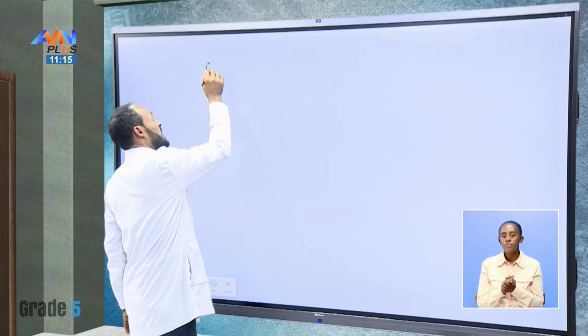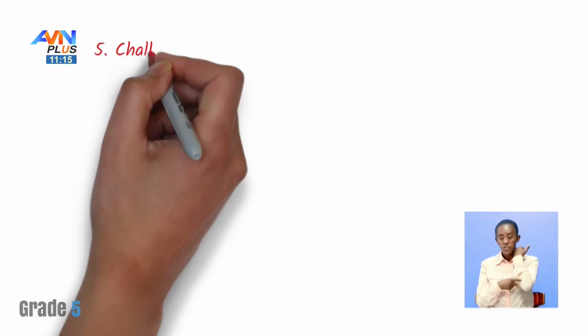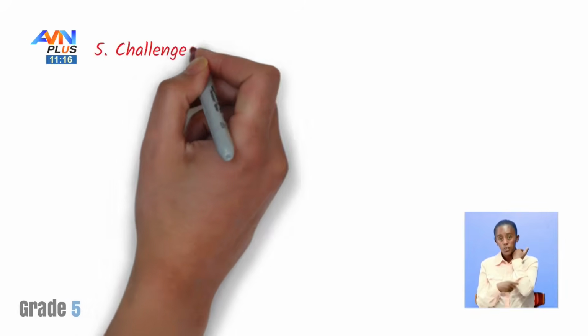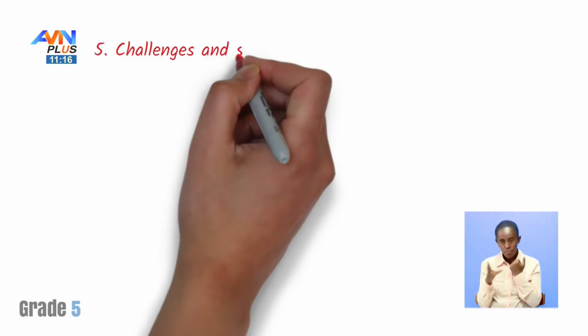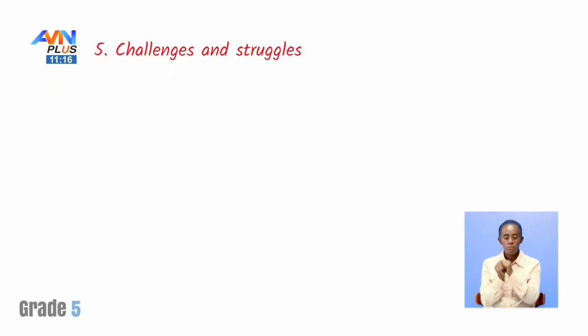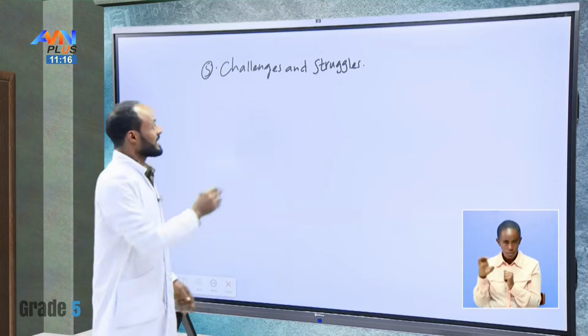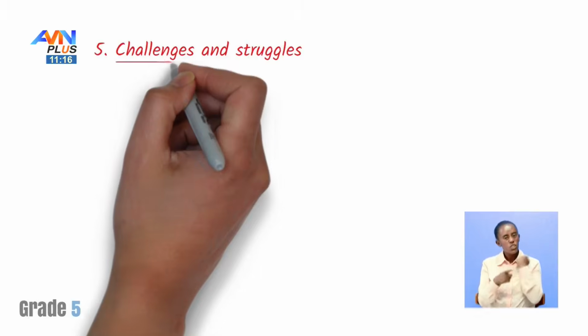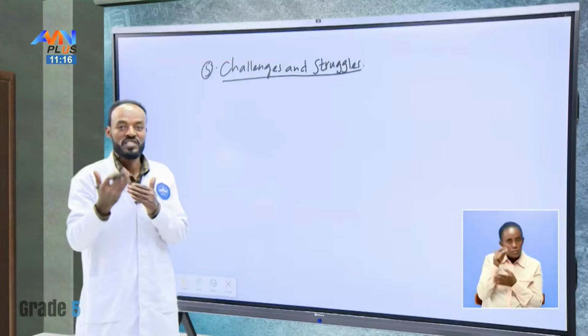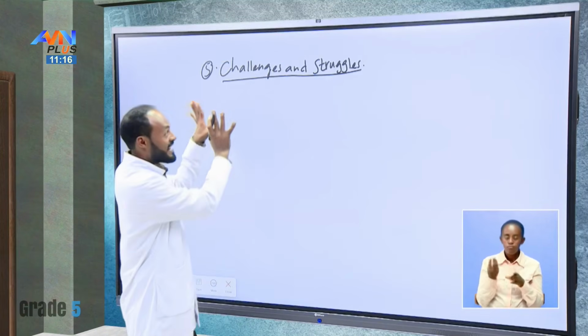The fifth structure that should be included is about challenges and struggles. Look, in this sense, the challenges that he or she faced in his life should be included here.